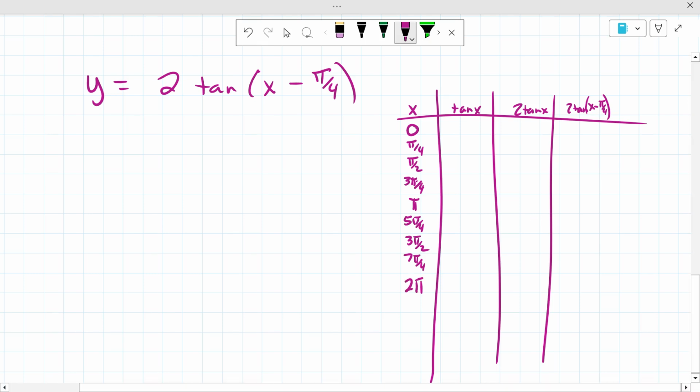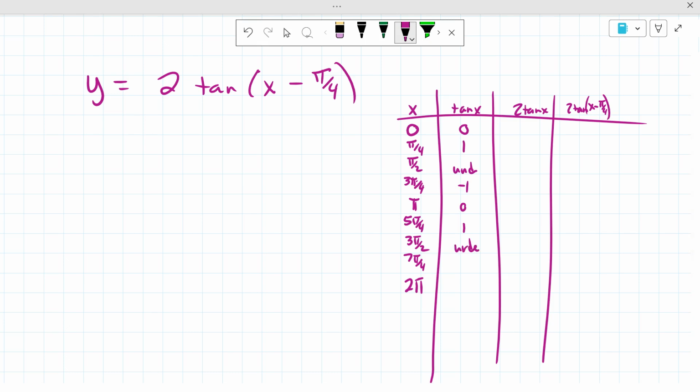And then I copy what my tangent was up above. And up above, tangent was 0, 1, undefined, -1, 0, 1, undefined, -1, 0. Okay, so I got all that copied.